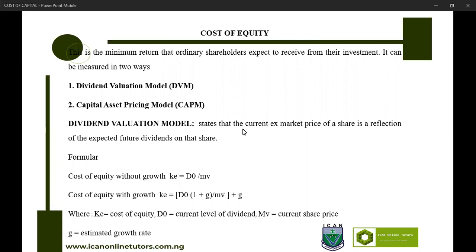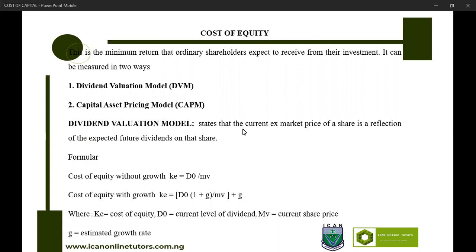We said equity is a source of finance internally, and this can be through the owners of a business and their ordinary shareholders. And what is the cost of equity? Cost of equity is the minimum return that ordinary shareholders expect to receive from their investment.